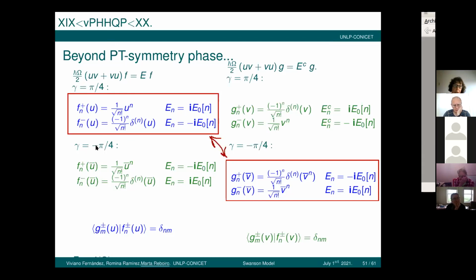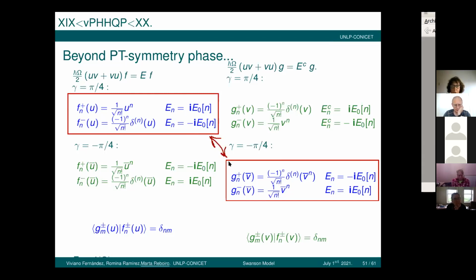For minus pi over 4, this other set, and we work in the adjoint Hamiltonian, and we work with B instead of U, because if we work in this way, it is clear that this set of distributions is orthogonal to this one.